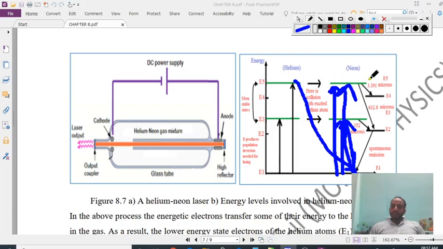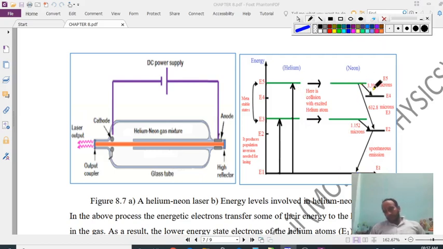The number of atoms in the excited states E5 and E3 increases compared to the lower state. In this condition, the lasing action takes place from E5 to E2 by releasing a photon of wavelength 632.8 nanometers. So the helium neon laser releases photons of 632.8 nanometers.